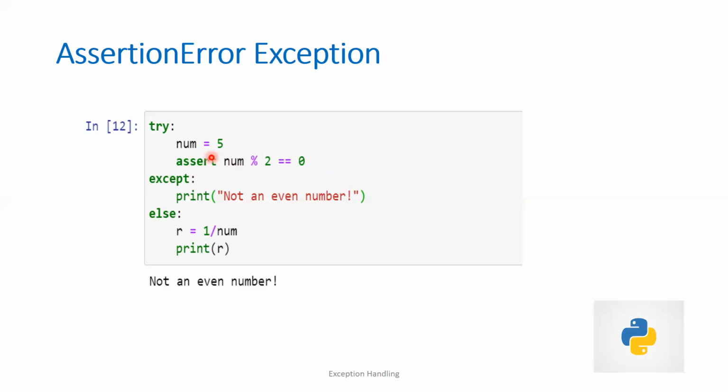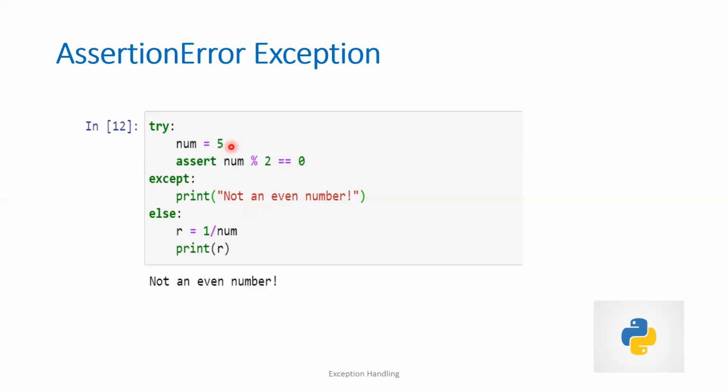If this logic is false, then we have to move to the exception portion. I took 5 as input, and 5 is not an even number, so the exception will occur. So we move to the exception, and it will give me the line: not an even number. So in the output section, I can see that it is not an even number.